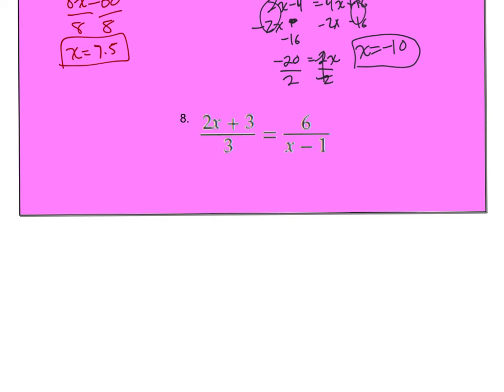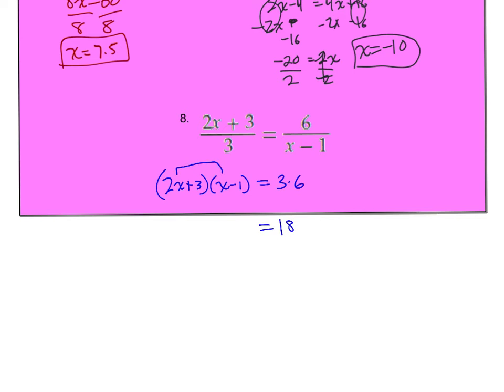Number 8 down here is a challenge. I'll warn you right now, 8's a challenge. So if I take 2x plus 3 times x minus 1, that will equal 3 times 6. Right side's easy, right side's 18. Left side, you need to do double distribution, or some people call it foiling, but it's the same idea.